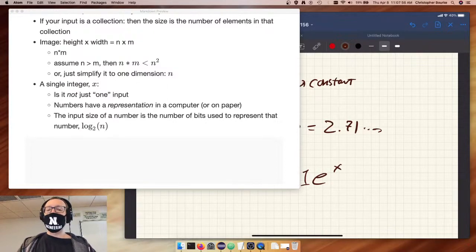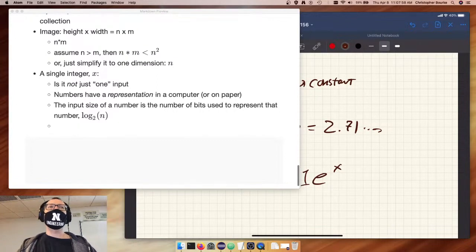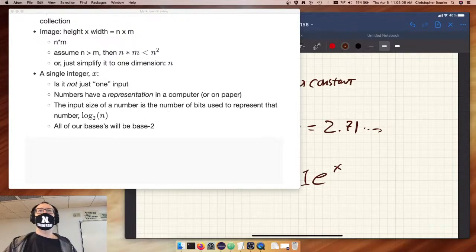Right? But we're self-respecting computer scientists, right? All of our bases will be base 2, right? Why? Because it doesn't matter. You convert your base 10 system into my base 2 system so I can run it on a computer. You take your so-called natural log base system, which you can't even write down because there's no such thing as 2.75 numbers. But you can always convert that to my base system where I can actually write it down.